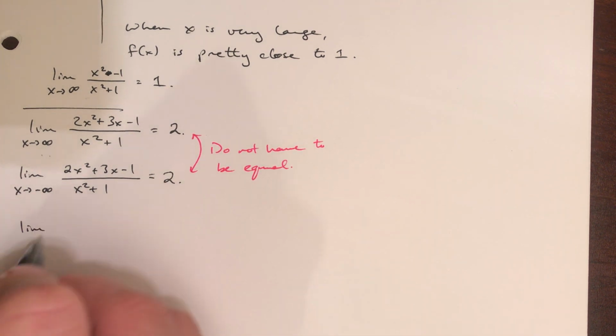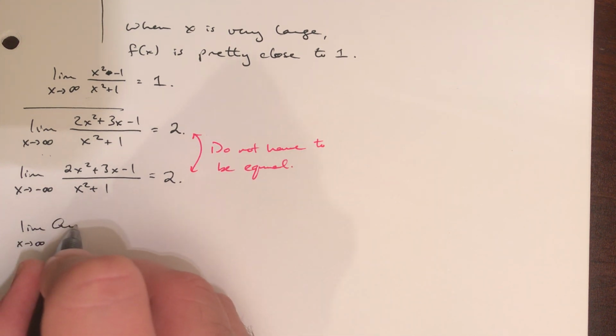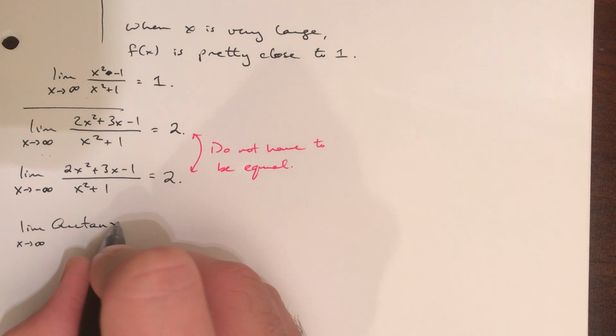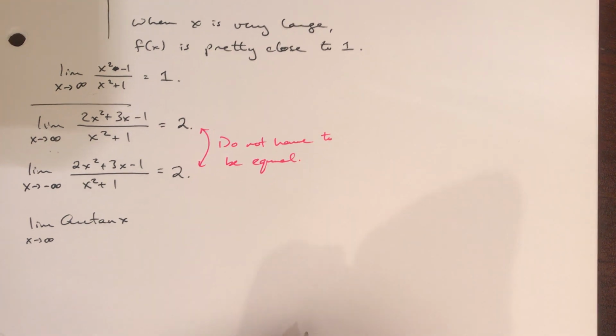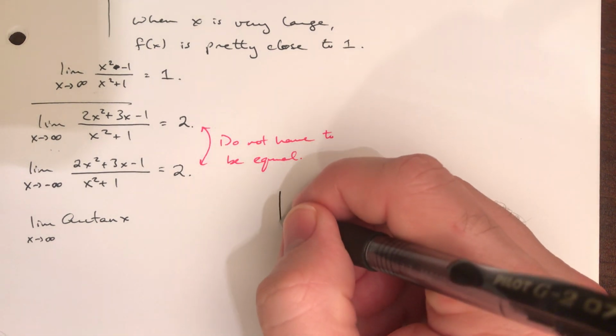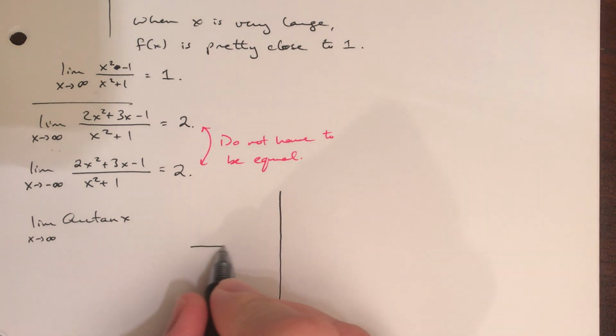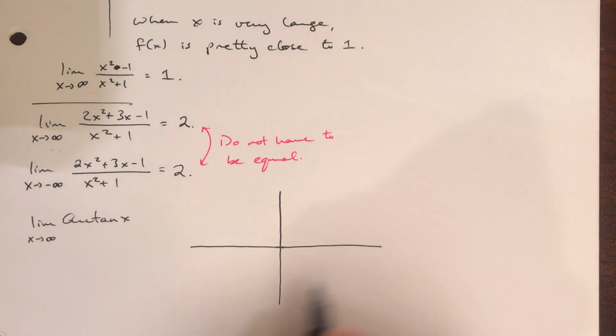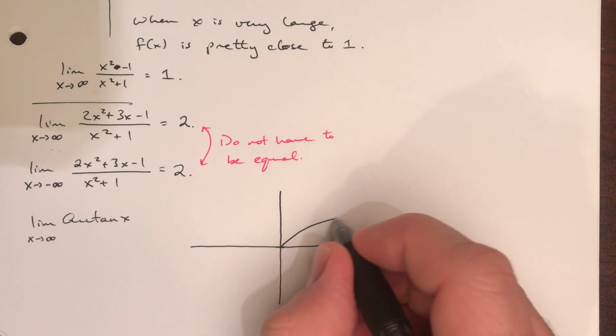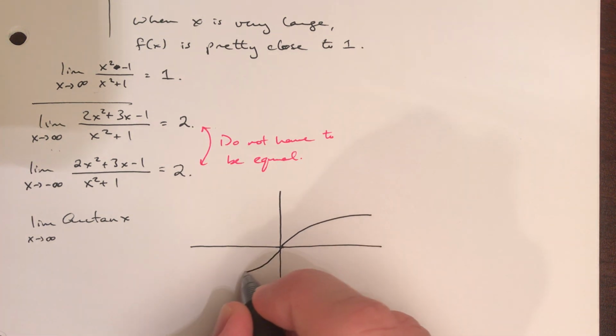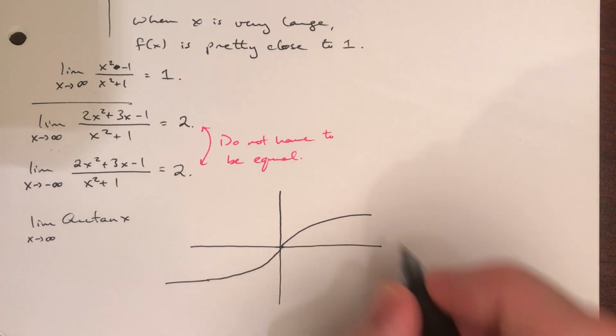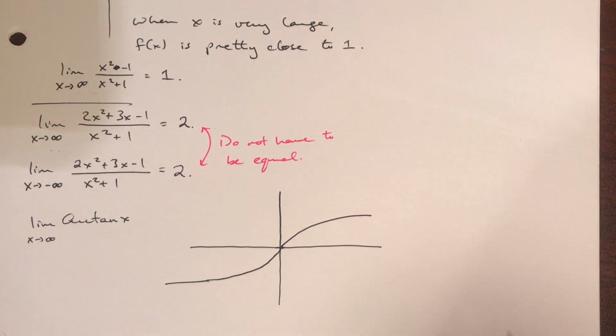What if we take the limit as x goes to infinity of, this time, the arctangent of x. And we're going to look at the graph of this one. The graph is going to be essentially the graph of tangent of x, or at least one period of it, turned on its side.